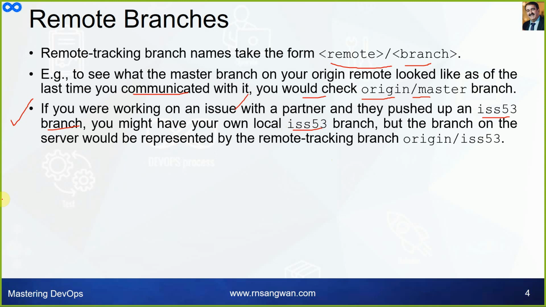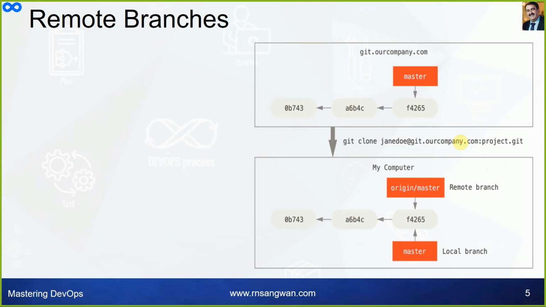But the branch on the server would be represented by a remote tracking branch, that is origin/ISS53, because they pushed onto the remote. What am I trying to convey? With the example, with the figure, we can understand it.